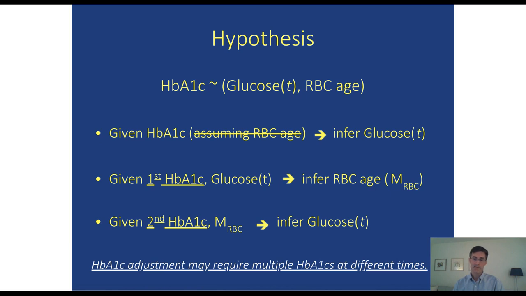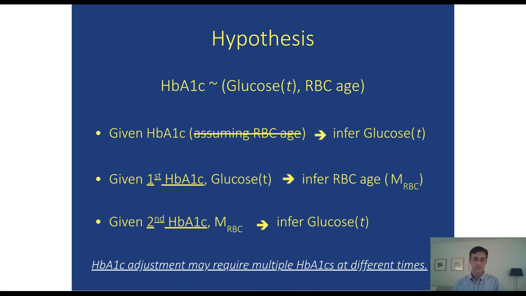But as we can see from this approach, in order to take advantage of these adjusted A1cs, we'll have to measure A1c twice, once to estimate the mean red cell age, and then in the future when we want to estimate glucose. As a result of these two measurements, the analytic error in A1c becomes even more important to reduce.